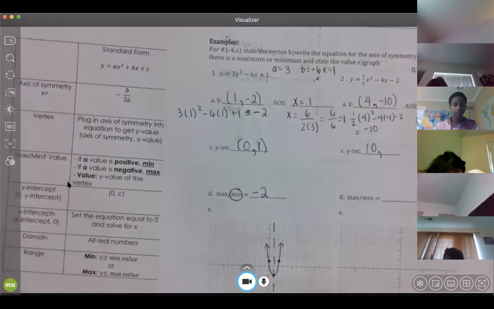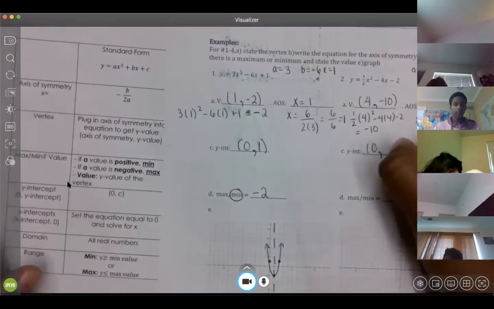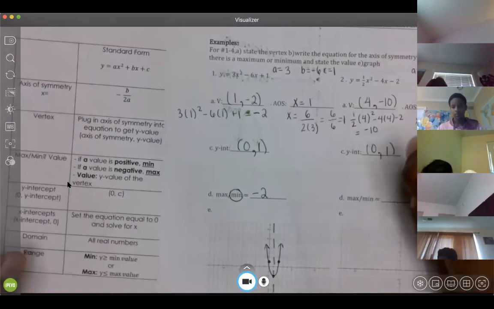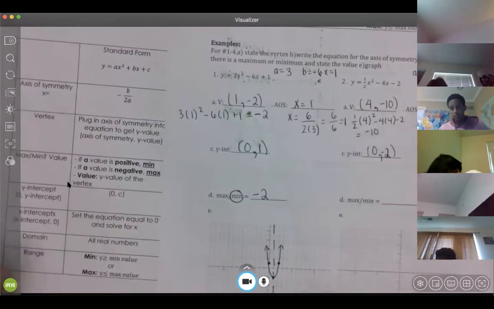Okay. 1? Wait. No. -2. Oh yeah, -2, yeah. Sorry, wrong problem. Yes, 0, -2. So your y-intercept is always 0, whatever your C value is. Does that make sense, Bo?